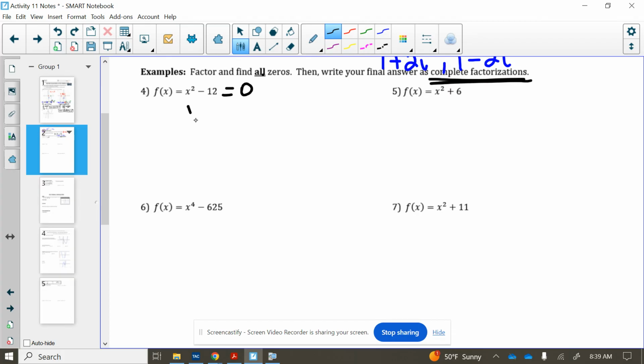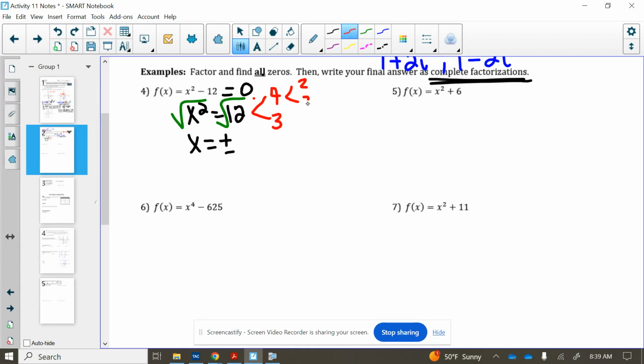So each time we are trying to solve for our x value, and what we notice on this particular one is that when we square root, we have the positive or negative square root of 12. 12 can be broken down to be the perfect square of 4 times 3.